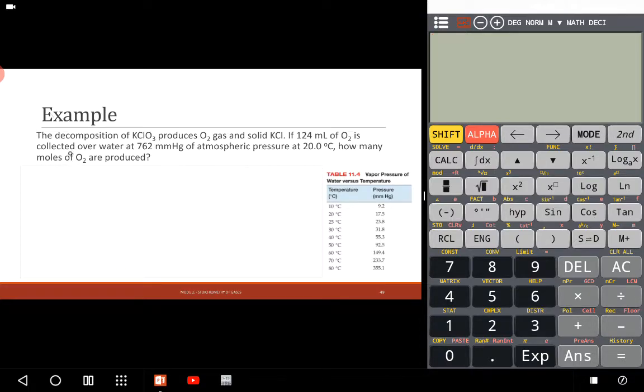So here's an example problem of how this calculation would go. It reads, the decomposition of potassium chlorate produces oxygen gas and KCl. If 124 milliliters of O2, that's my volume of O2, is collected over water, so this is my P total, at 20 degrees Celsius, how many moles of O2 are produced?